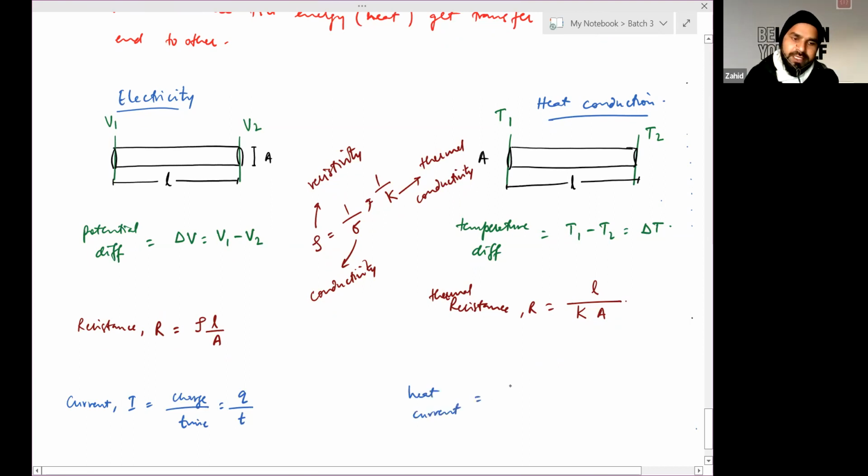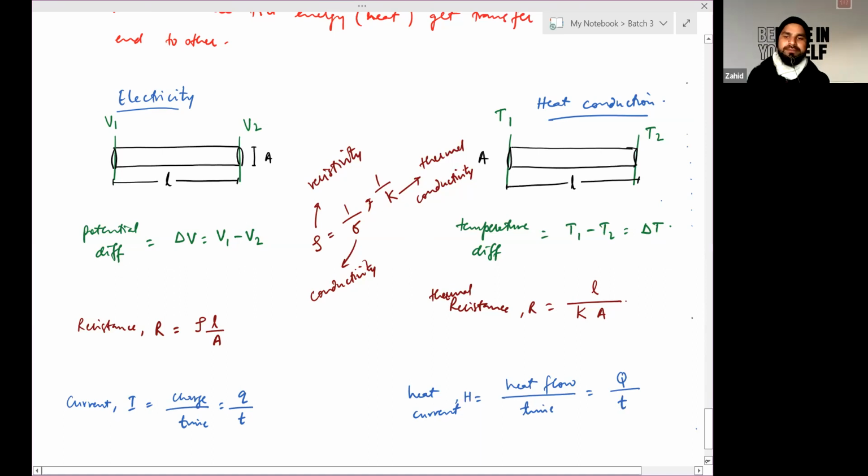It is defined by flow of heat per unit time, so heat flow divided by time taken. Heat is represented by Q and time taken is T. Heat current is represented by H.